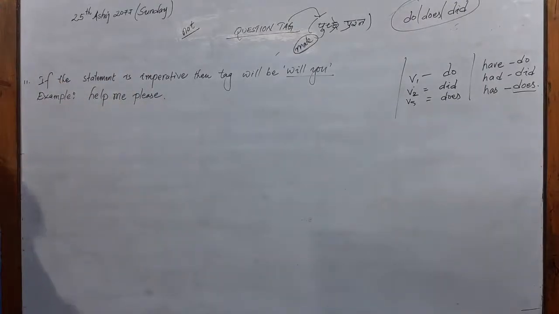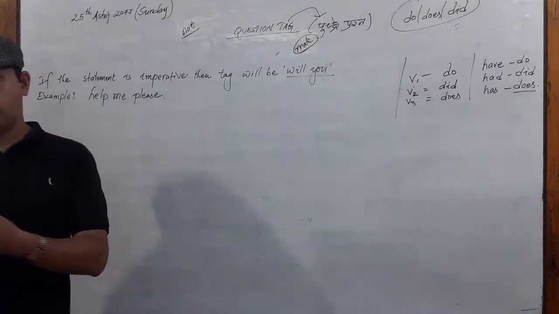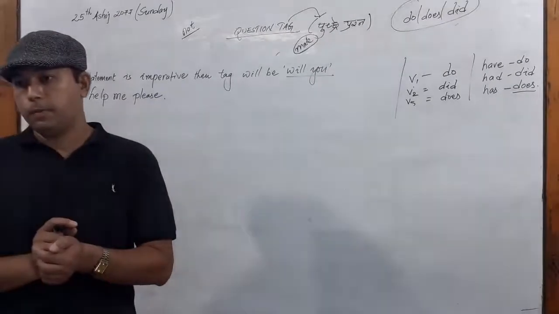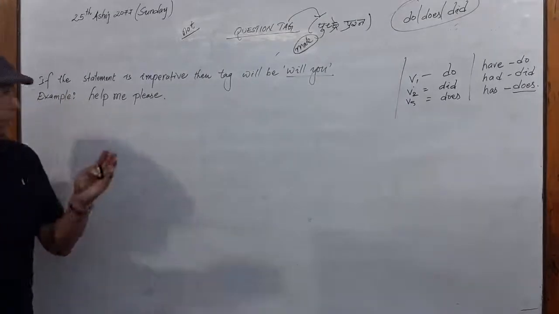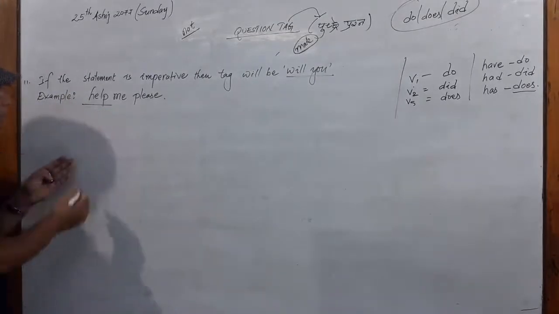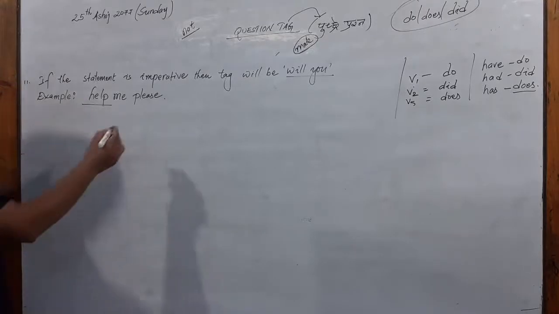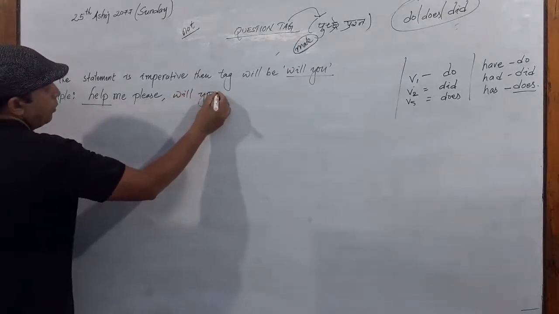If any sentence has the meaning of request, command, suggestion or advice, it is called imperative. Generally, an imperative sentence starts from verb one. At that time, the tag will be will you.